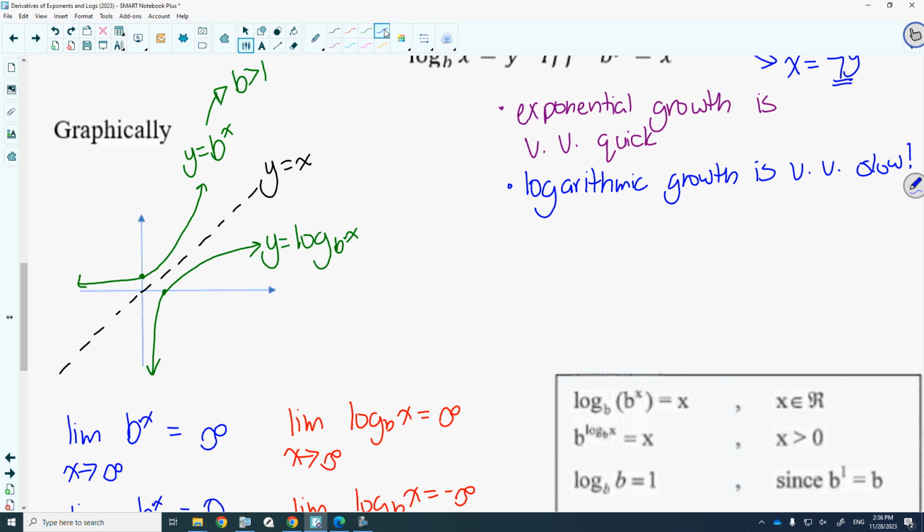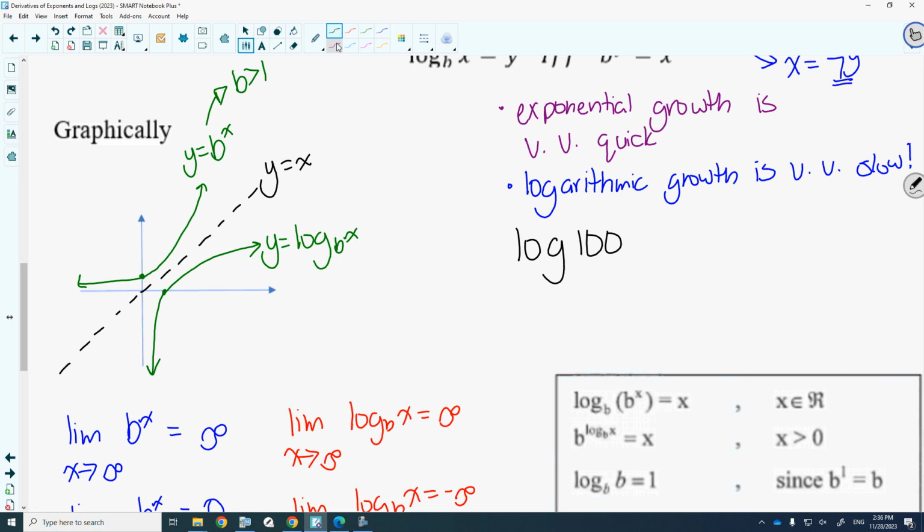Okay, so let's review a couple of things. Does anybody remember from 30-1 what the log of 100 is? First thing: if I don't give you a base, it's a common log. Do you remember what the invisible base is if I don't give you the base? 10.